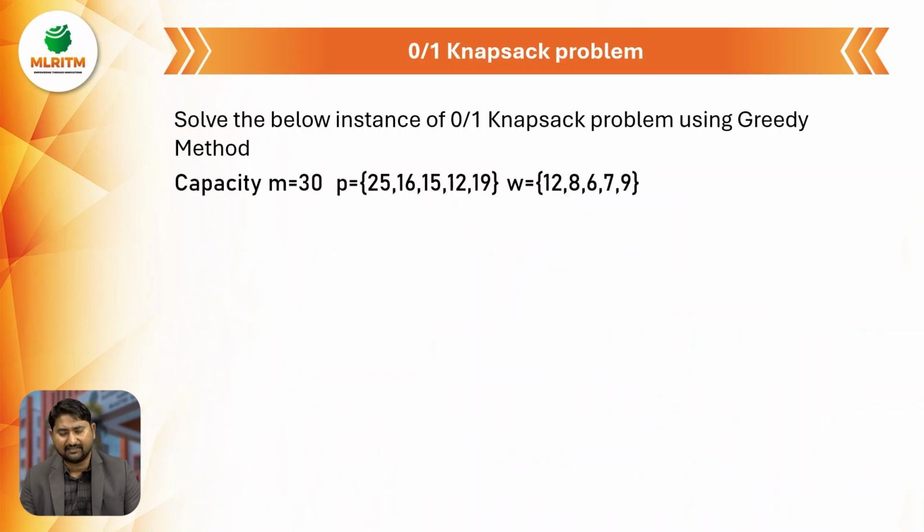Okay, let's take one example and calculate the maximum profit. The knapsack capacity is M equal to 30. In this problem there are five items in total, x1, x2, x3, x4, x5.